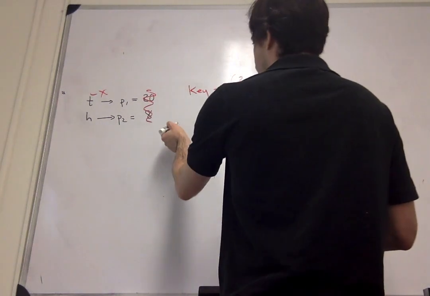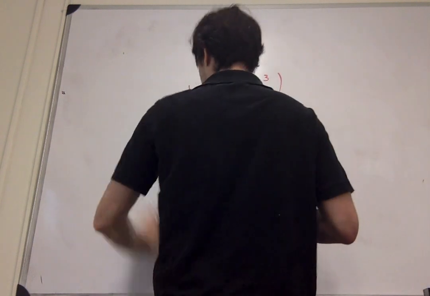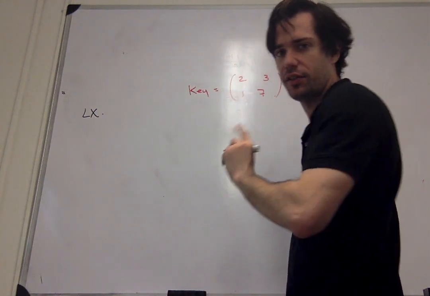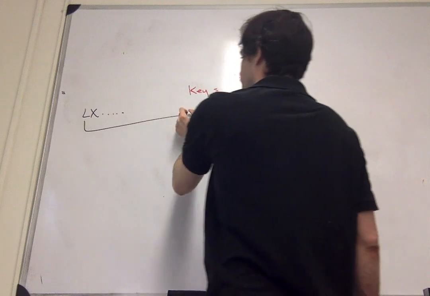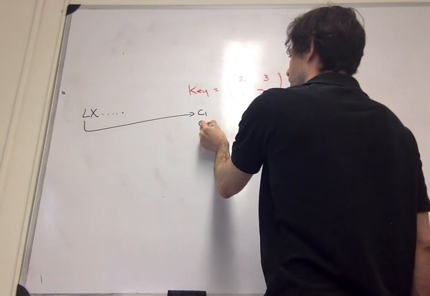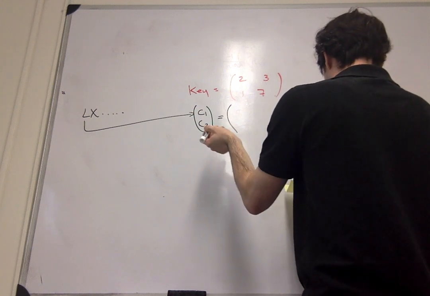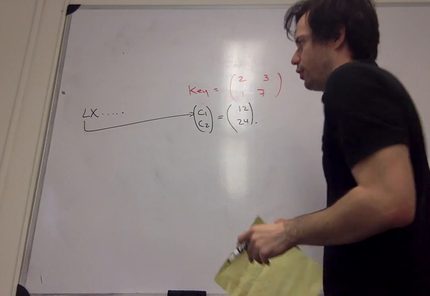Right, so our secret message had LX followed by a bunch of stuff, and I said that this would give us, for C1 and C2, 12 and 24.